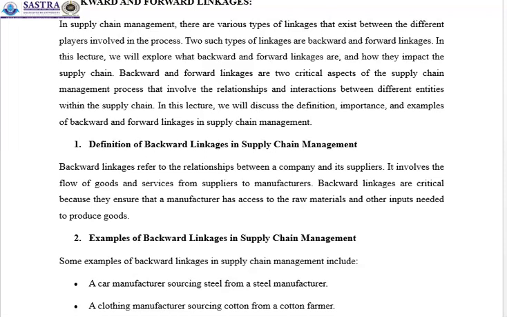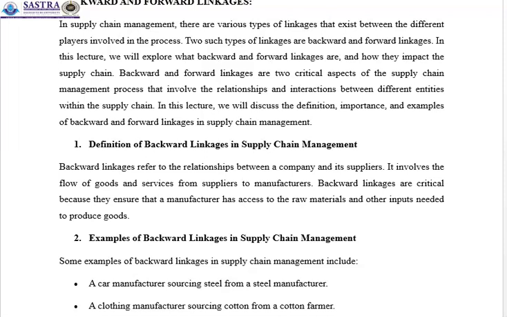These backward linkages are critical because they ensure that the manufacturer has access to the raw materials and other inputs needed for the production of the goods on time, with a proper mode of transport, without any damages, spillage or spoilage.